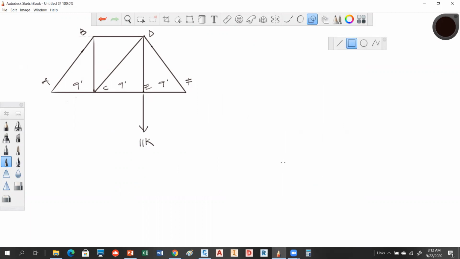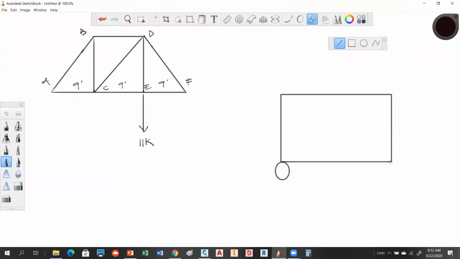So if that was your truss, and you had it supported, let's put a simple support here, and a simple support here, and let's say you're pushing that thing with a force right there.